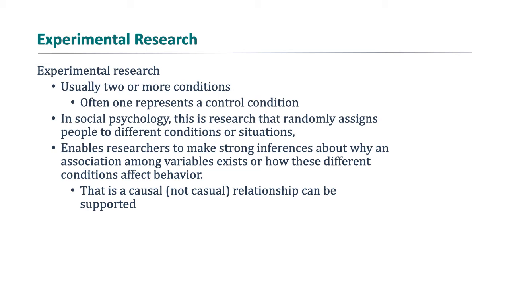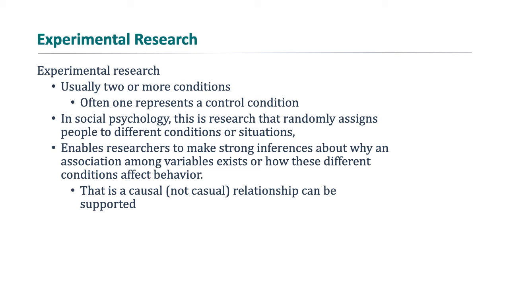And by doing that, any differences from person to person in background and personality get separated out. This enables researchers, therefore, to infer that whatever differences we see in the outcome of that study are due to the manipulation that was done in the first place to separate the people into groups.